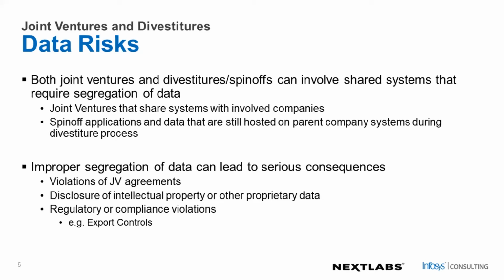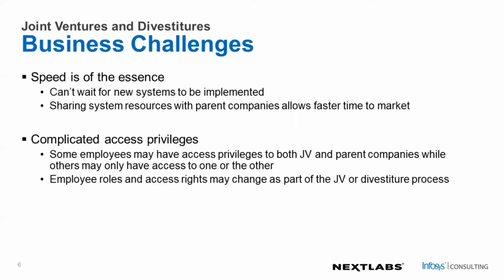In both cases, we need to make sure that there is proper segregation of data, because otherwise you may have violations of your agreements, maybe the JV agreements or TSAs, or there is a risk of disclosure of intellectual property rights or proprietary data or confidential data, or even in some cases a failure to comply with regulatory requirements like export controls. So that's where in all these transactions, for mergers and acquisitions, there is definitely a data risk which we need to address.